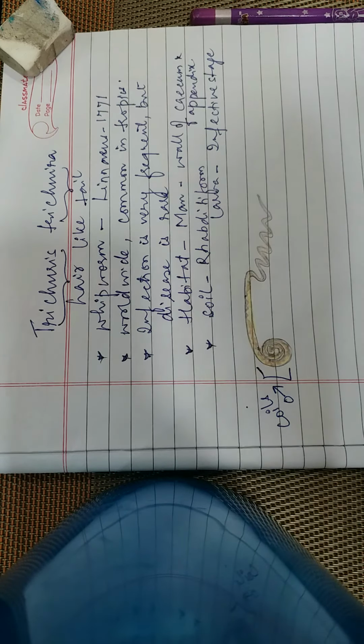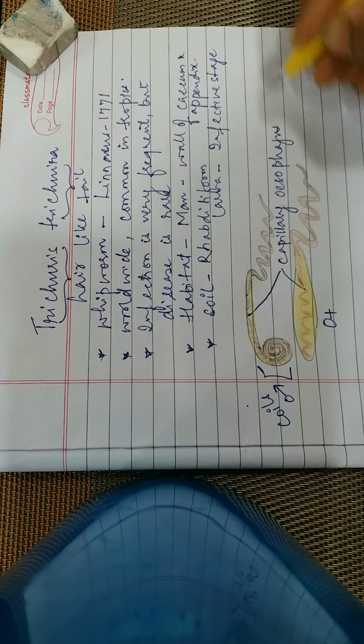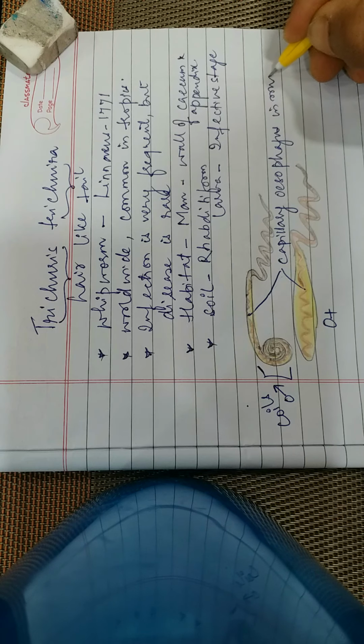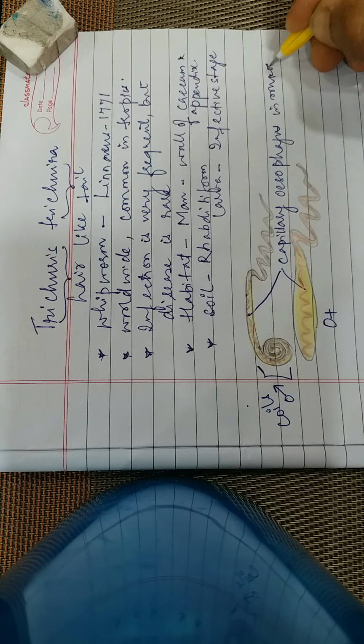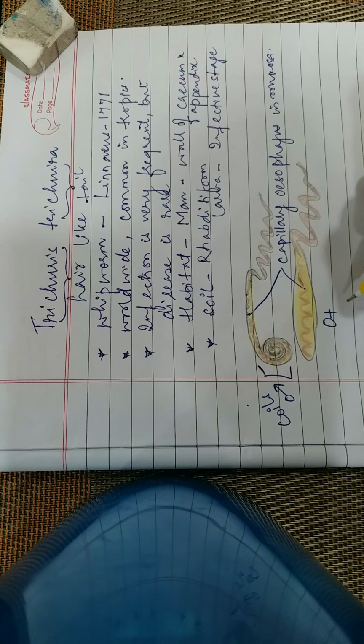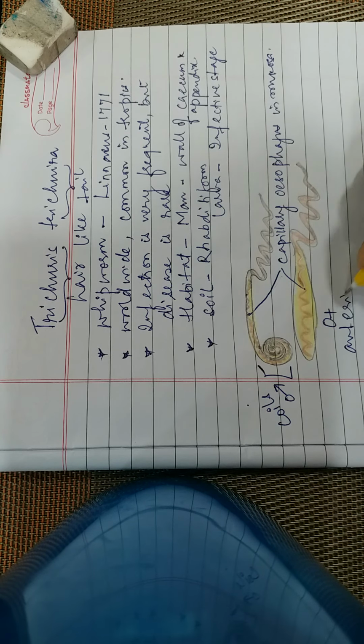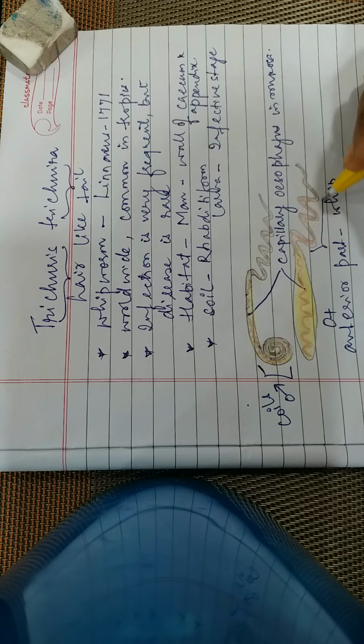This coil structure that I have made is the capillary esophagus in the mucosa. Okay. Here the anterior part of this parasite has a whip-like structure.